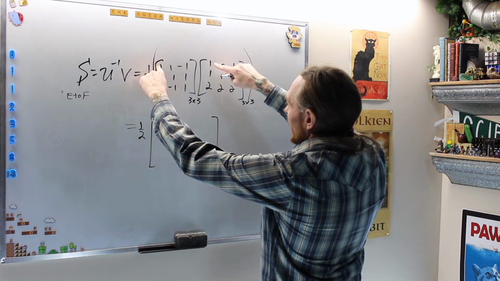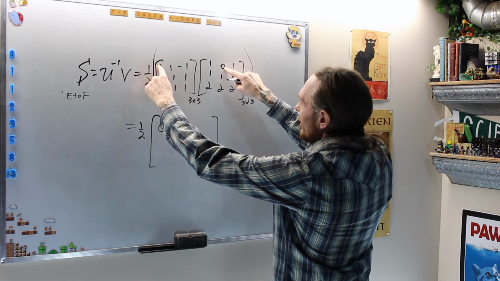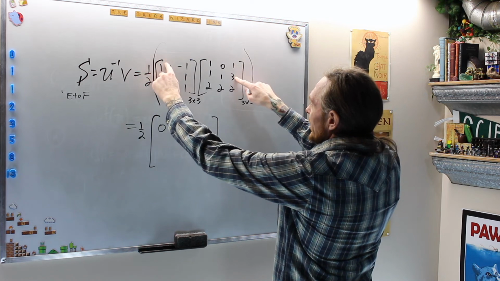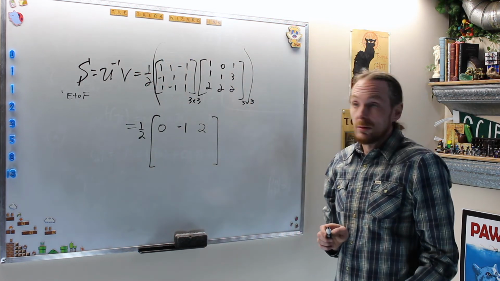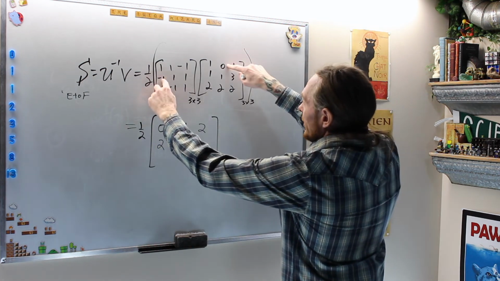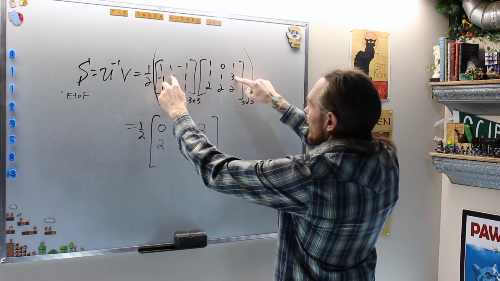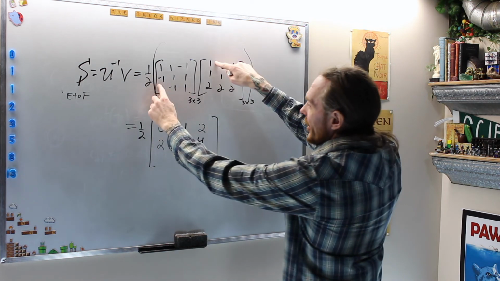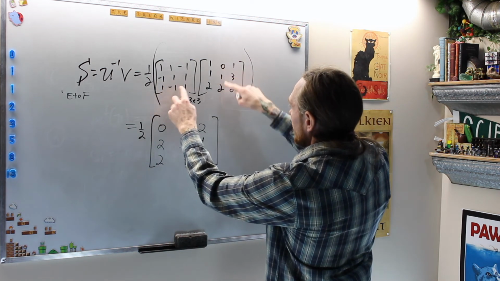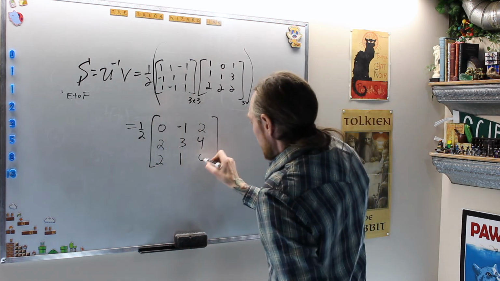So the first entry is the dot product of this one with this. So 1 plus 1 is 2, minus 2 is 0. 0 plus 1 minus 2 is -1. 1 plus 3 is 4, minus 2 is 2, is the first row. -1 plus 1 plus 2 is 2. 0 plus 1 plus 2 is 3. -1 plus 3 is 2, plus 2 is 4. 1 minus 1 is 0, plus 2 is 2. 0 minus 1 plus 2 is 1. 1 minus 3 plus 2 is 0.